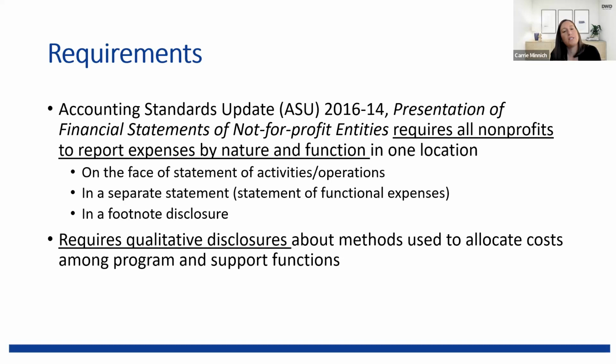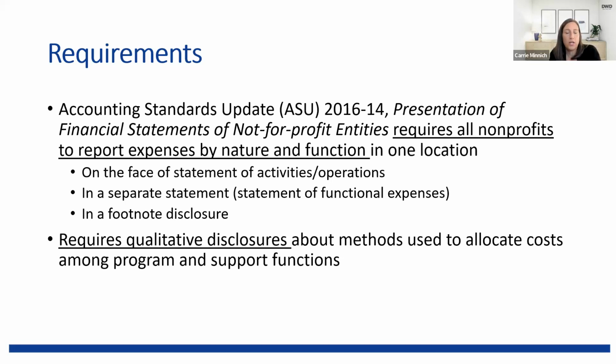So if at the end of the year you have an outside accountant come and prepare your financial statements, whether it be a compilation, a review, or an audit, they need to include your expenses, again, by nature and function, either on the face of a statement, like a statement of activities or an income statement, in a separate statement, the statement of functional expenses, which is usually how DWD does it, or in a footnote disclosure.